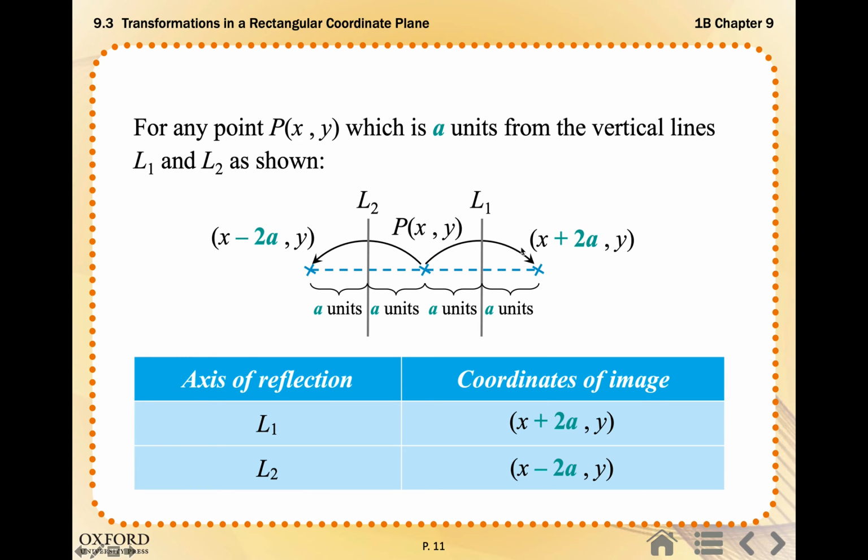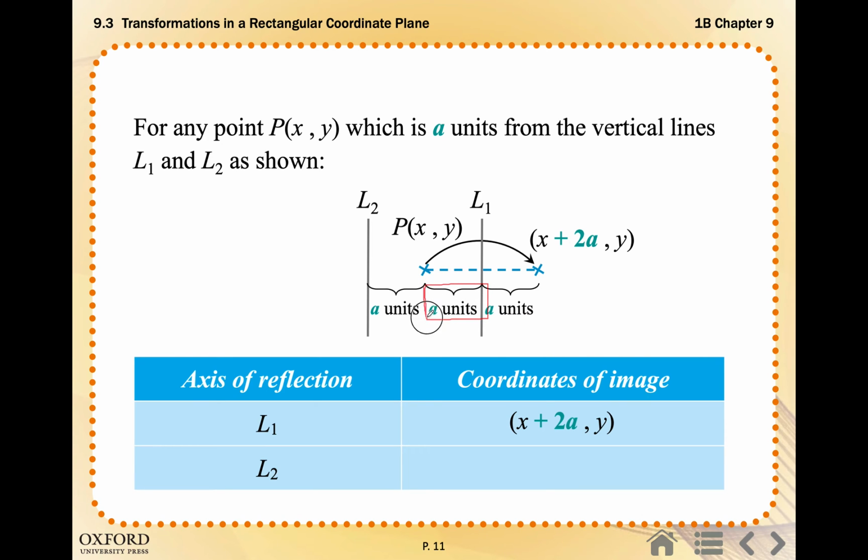If the image goes to the right-hand side, then the x coordinate should plus. Okay, plus what is the distance between them? It should be 2A.